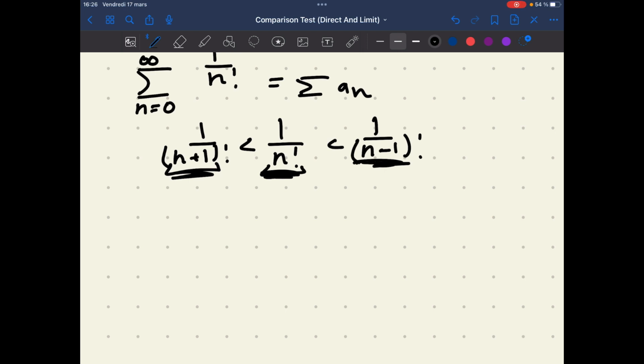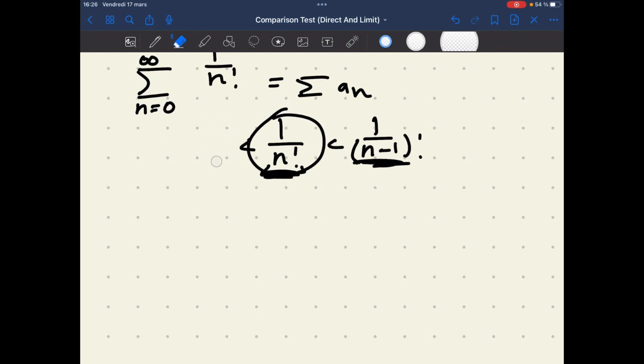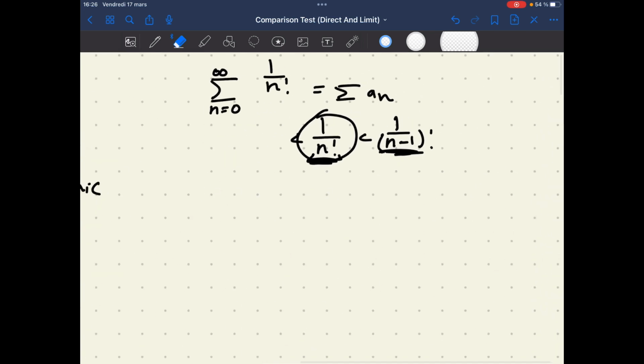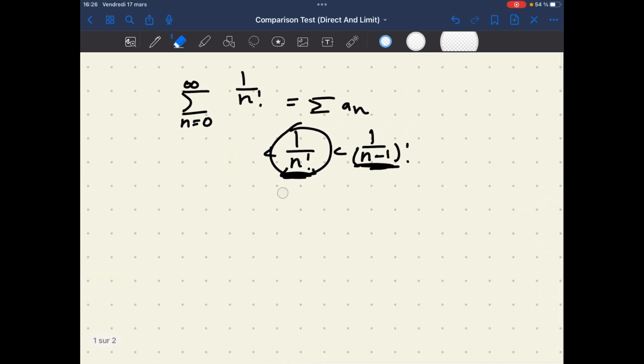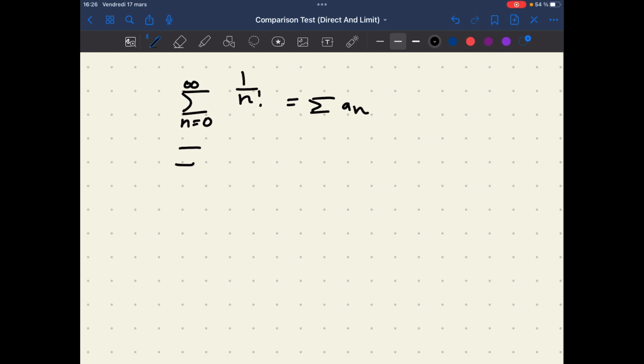We don't really need the plus 1, because that was just an example of where 1 over n factorial would be bigger. So we can do that as a series: the series starting at 0, going to infinity, of 1 over n minus 1 factorial.